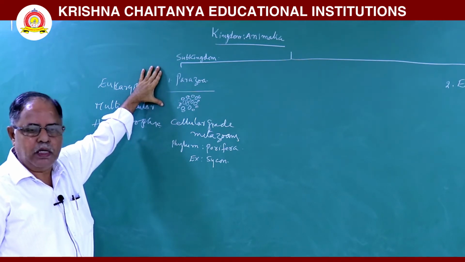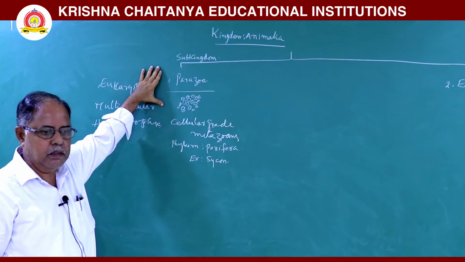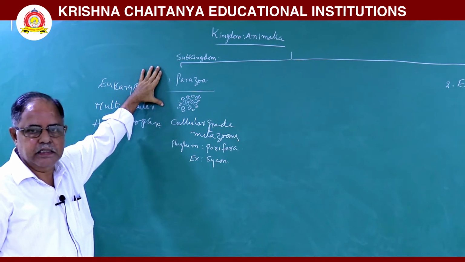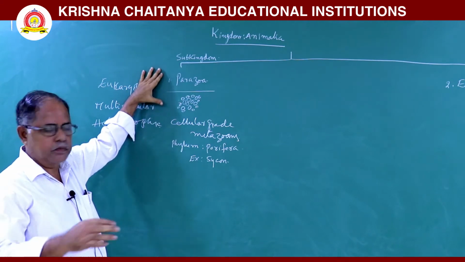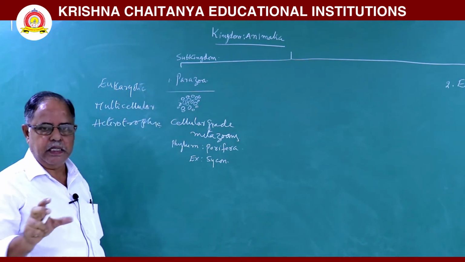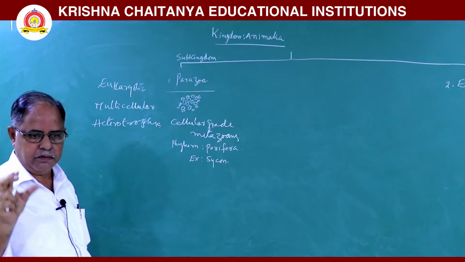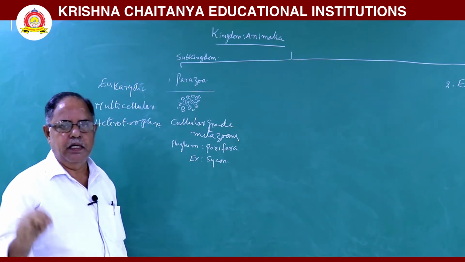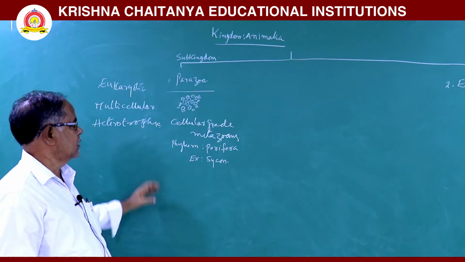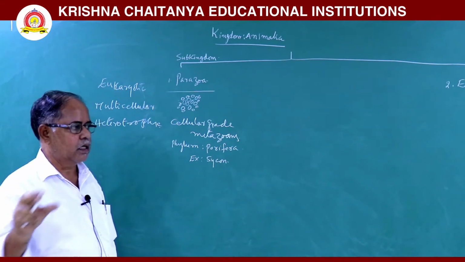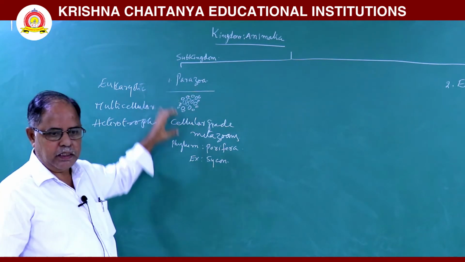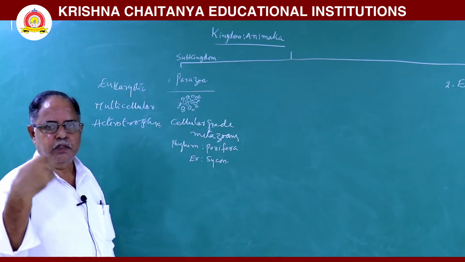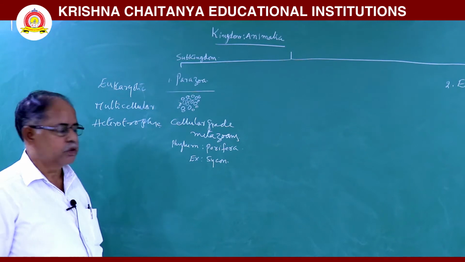Parazoa are multicellular animals. The body is made up of so many cells, but all the cells present in this animal are not equal in size, shape, structure and function. So this type of group of cells is not called a tissue, but the body is somewhat advanced than the unicellular animals.